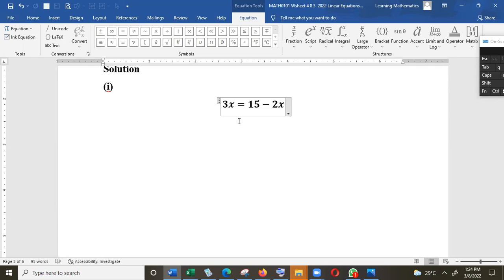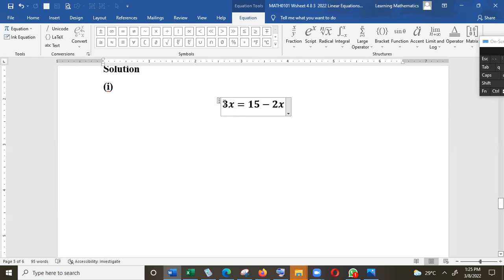So as soon as possible, when you're in a situation like that, bring your x's together on one side of the equation as early as possible. Okay, now it would be easier to cancel out the smaller x. So you have to compare the x's and cancel out the smaller x. That would be the easiest thing to do.